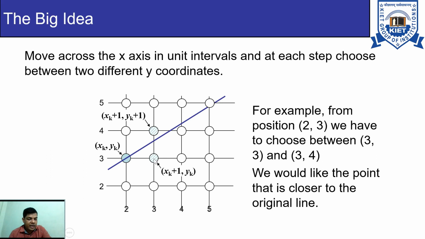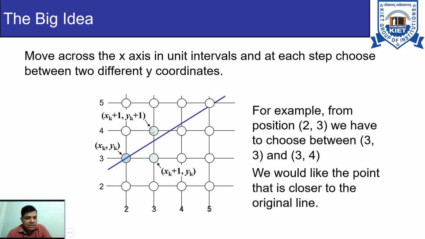So I have two pixels in this case. The first pixel is xk plus 1 comma yk, and the second pixel is xk plus 1 comma yk plus 1.